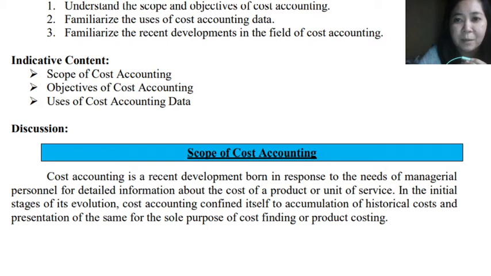Basically, the main purpose or aim of the management is to maximize the profit.